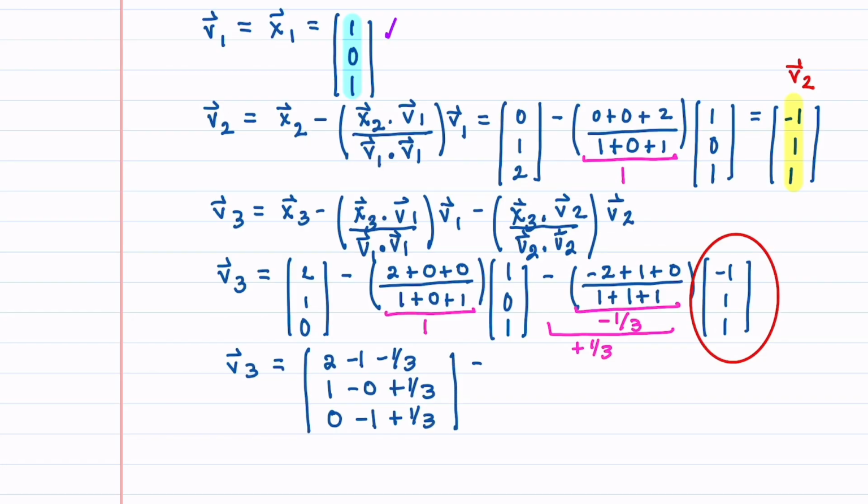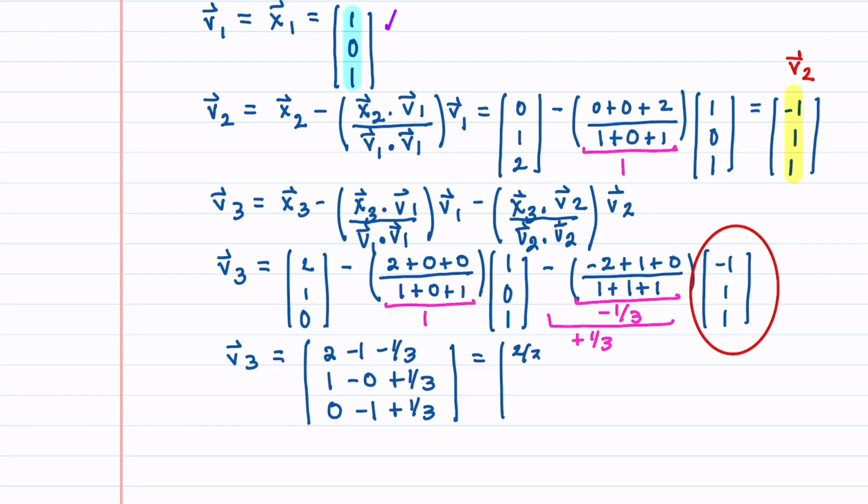When we add all these up, let's see what we get. 2 minus 1 is 1, minus a 1/3 gives us a 2/3. And then 1 plus 1/3 gives us a 4/3. And then a negative 1 plus 1/3 gives us a minus 2/3.